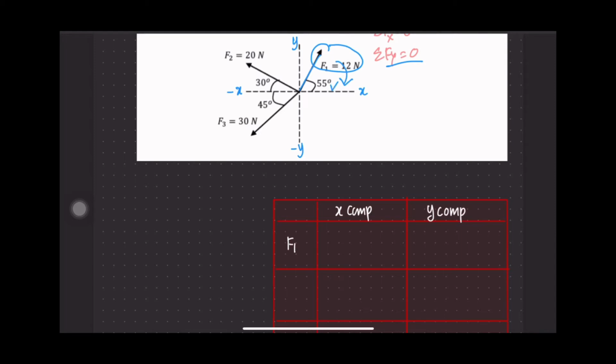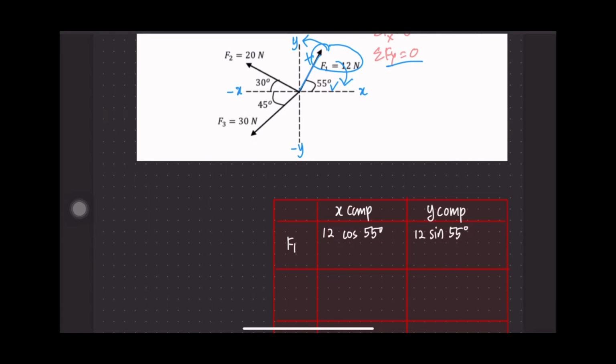So dia akan jadi F1 is 12 lah. 12 cos 55. Okay, and then for component y, ada angle tak? Tak ada. So dia akan jadi 12 sin 55.